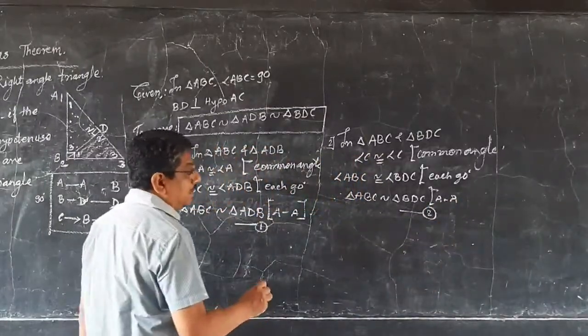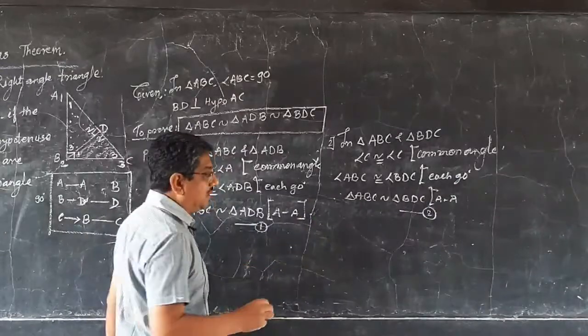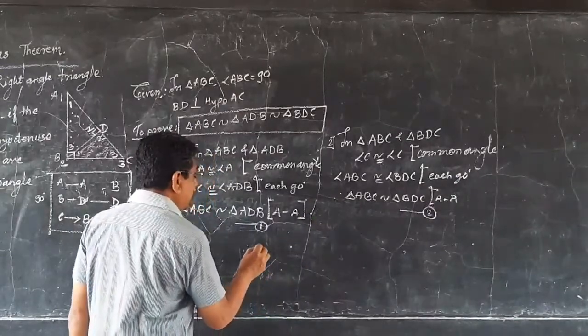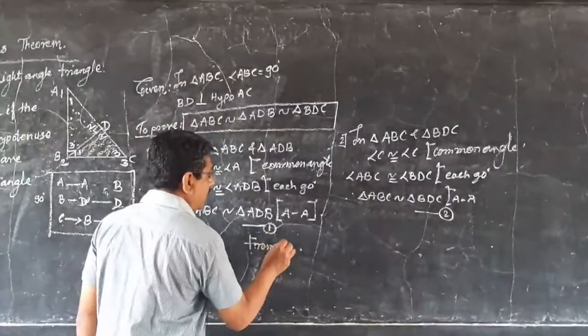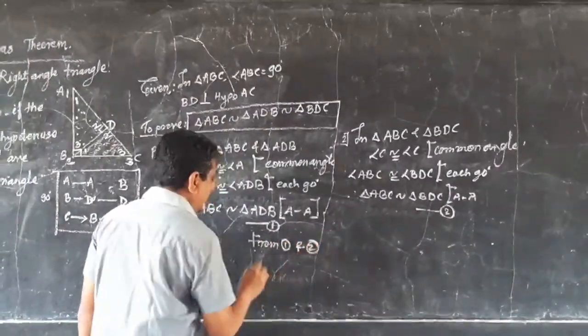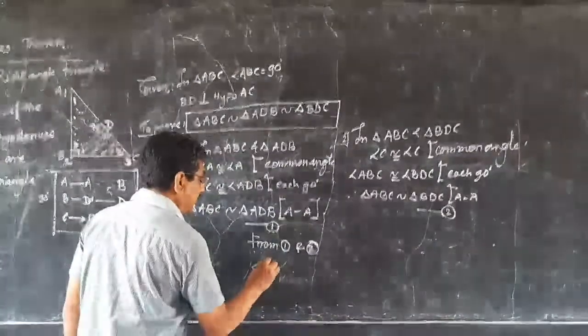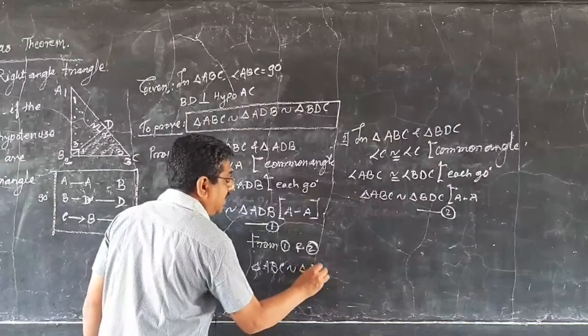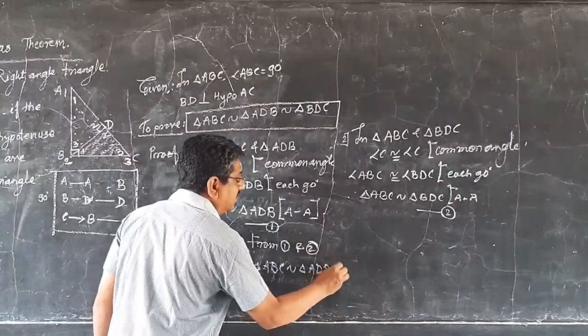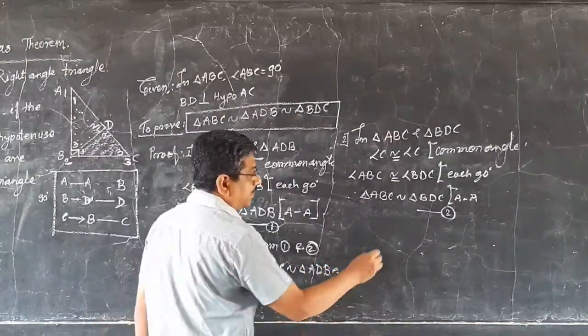Now, by combining the first and second statements, you can write like this. Therefore, from 1 and 2, triangle ABC is similar to the triangle ADB, and it is similar to the triangle BDC.